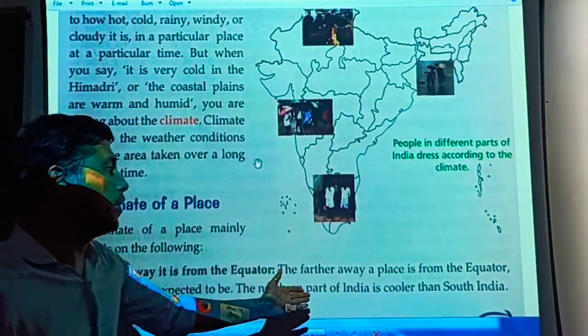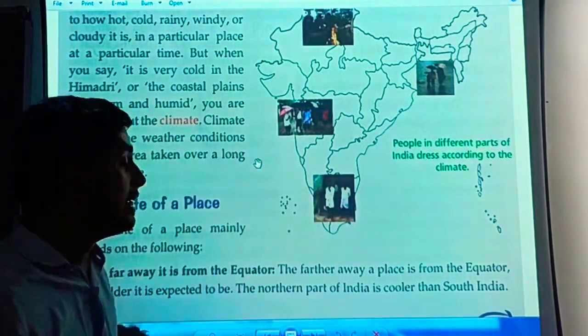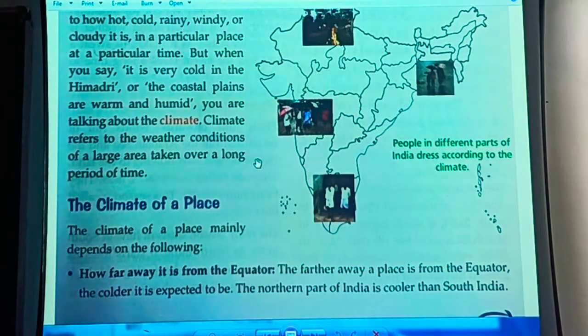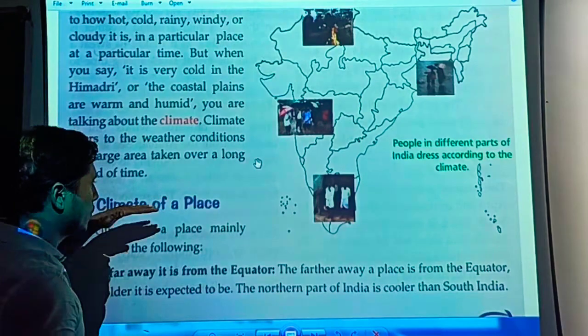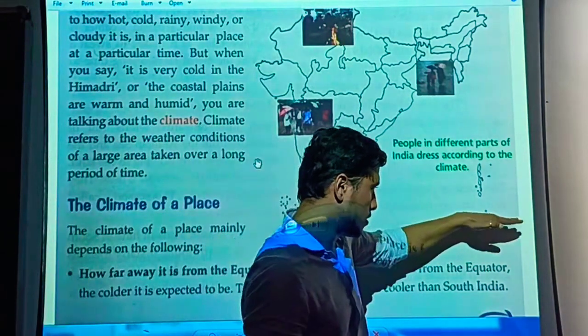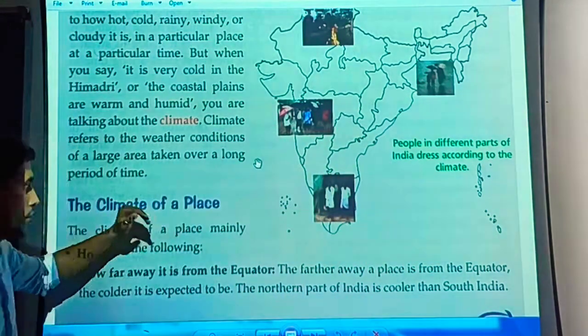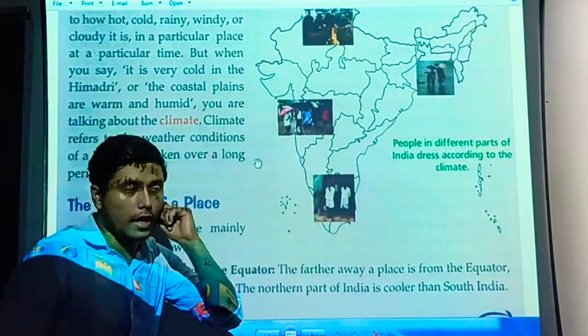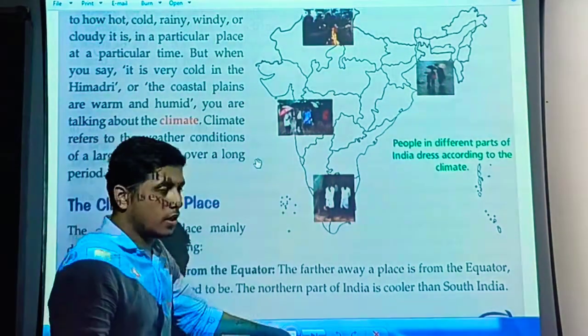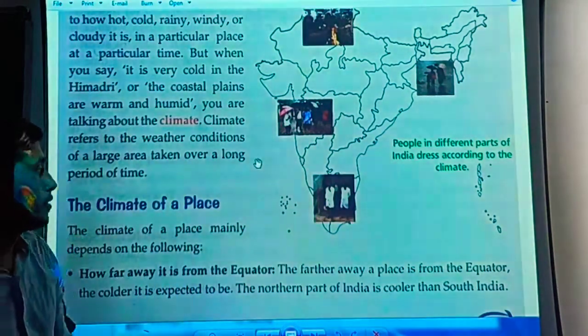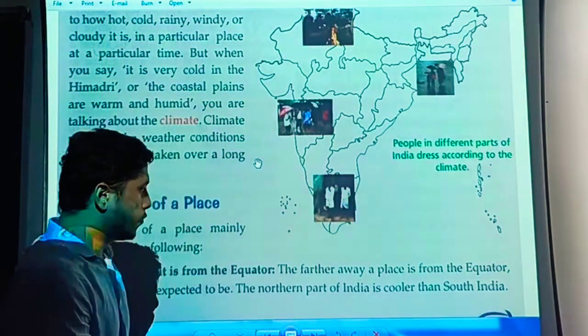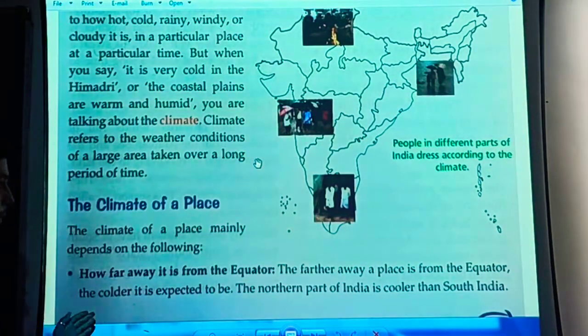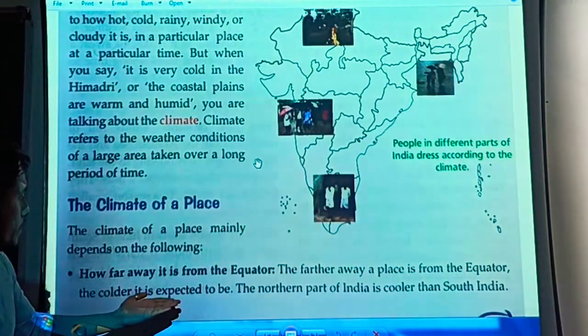The northern part of India is cooler than South India. Now, what does it mean? It's very clear. Suppose this is the equator passing through this line. If you move towards the North Pole from the equator, or if you move downwards, southwards from the equator, what will you face? You will see that it gets colder.